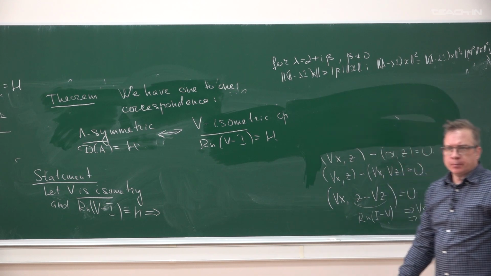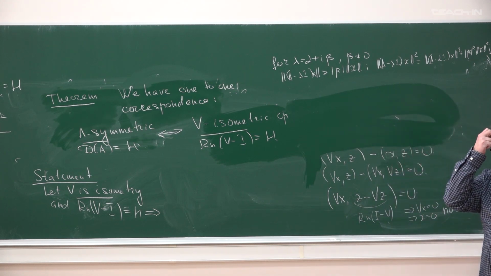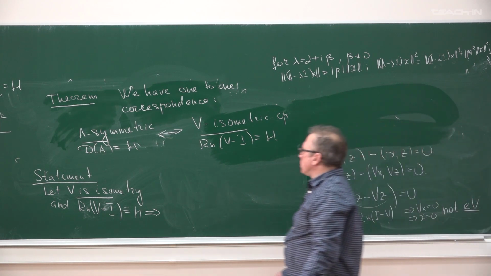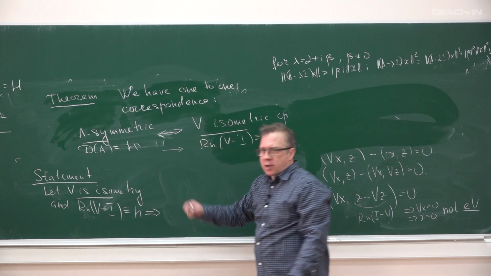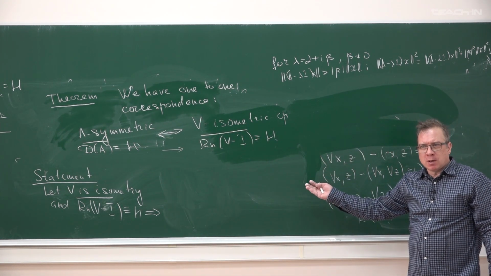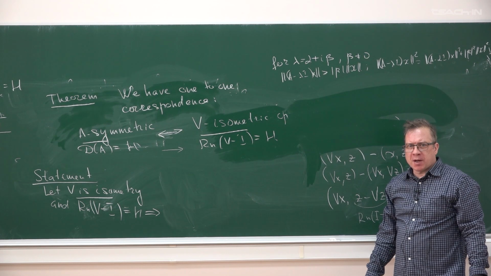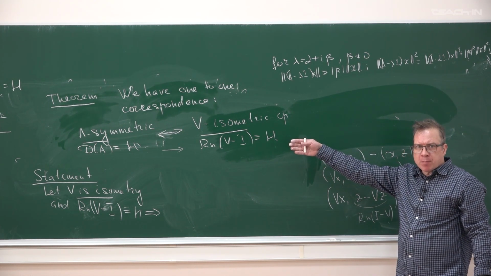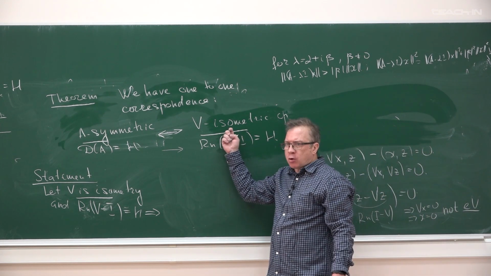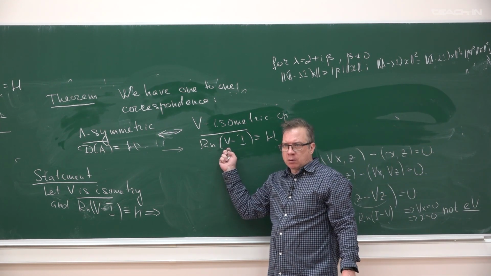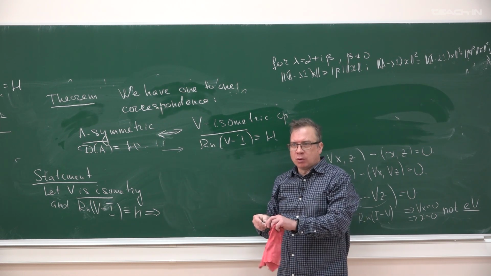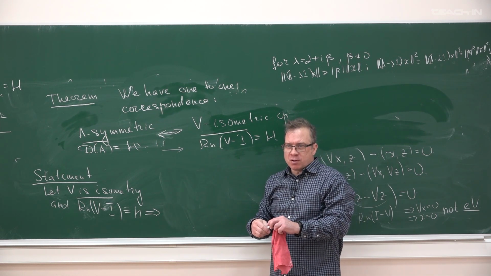Moreover, this arrow we obtain, yes? We take the symmetric operator and by the Cayley transform we obtain the isometric operator with this property. We just showed it. So what we need is to go in the other direction.